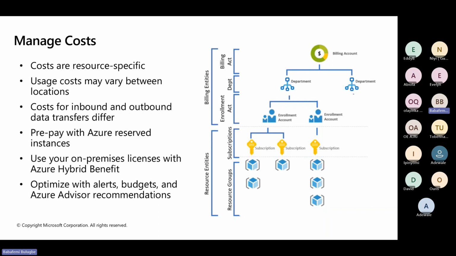No, you can leverage that benefit. That's what we call the hybrid benefit, where you can still make use of the fact that you already have that operating system. You get a discount when you move to the cloud, because you're currently using Microsoft technology and you have licenses on your on-premises environment.